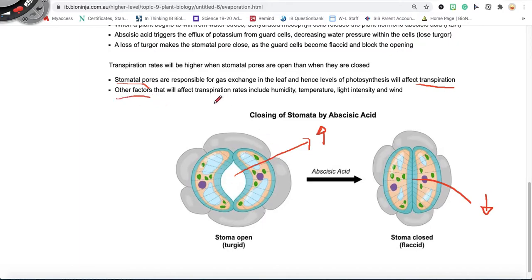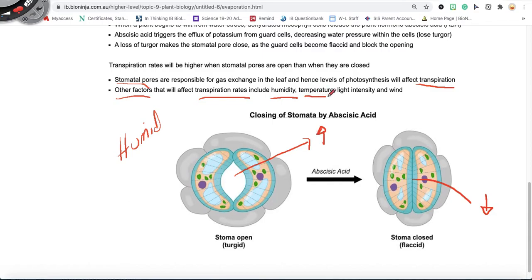Well, also other factors will affect the transpiration rates. Humidity, for example. If it's humid outside, that means that the plant is not risking much by opening, right? So if it's humid outside, the stomata can remain open and there could be high rates of photosynthesis.